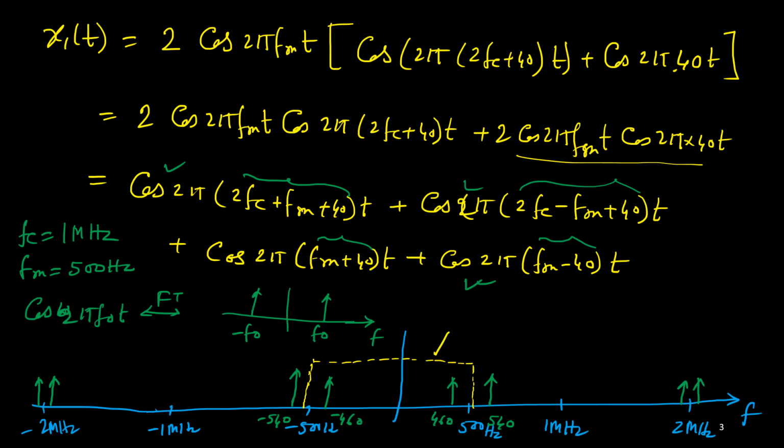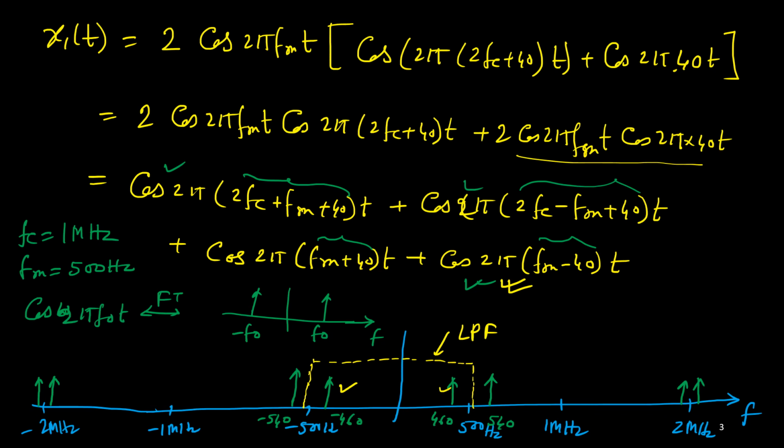If this is your low pass filter, then within the pass band you have only this signal and its mirror image, corresponding to cos 2 pi fm minus 40 t. So in your output y(t) you will get only this component.